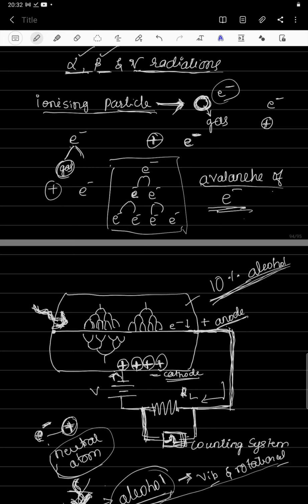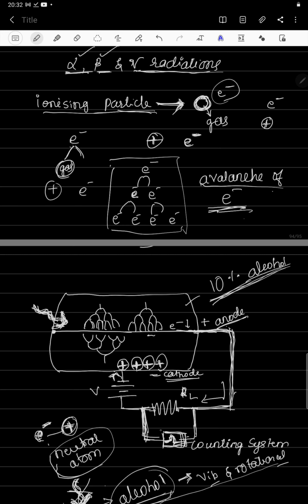So because of one electron, one more electron is generated, and all those electrons which are generated are called secondary electrons. All those secondary electrons again ionize further gas molecules. So as a result there will be a number of electrons, which is called an avalanche of electrons, and all these electrons are accelerated towards the anode, and they complete the circuit.